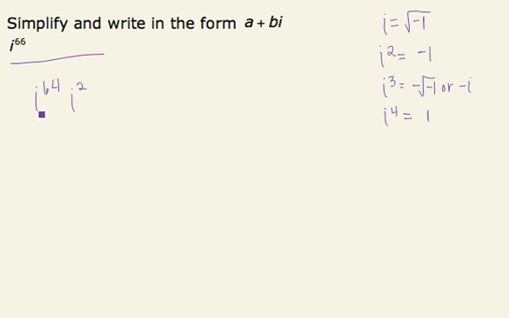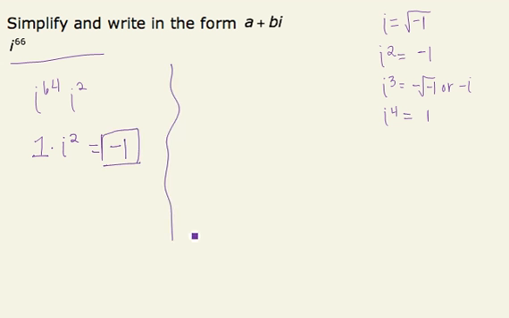Well, i to the 64th, 64 is a multiple of 4. Therefore, i to the 64th must be 1. So I have 1 times i squared. Well, 1 times i squared is simply a negative 1, which is my answer.